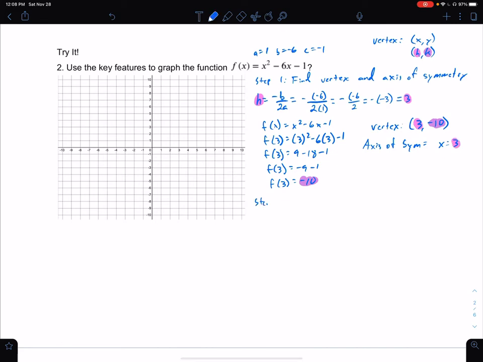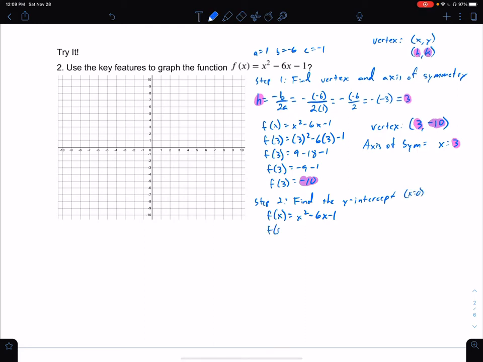From there, step 2, we need to find the y-intercept. Now remember, the y-intercept is just going to wind up being the value of c, but we'll solve it algebraically anyway. So you have f of x is equal to x squared minus 6x minus 1. Remember, for y-intercepts, your x is equal to 0.